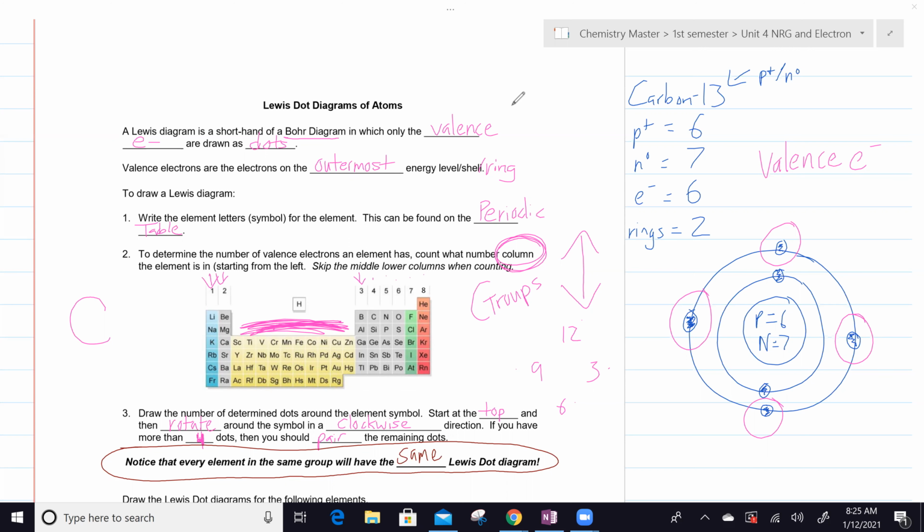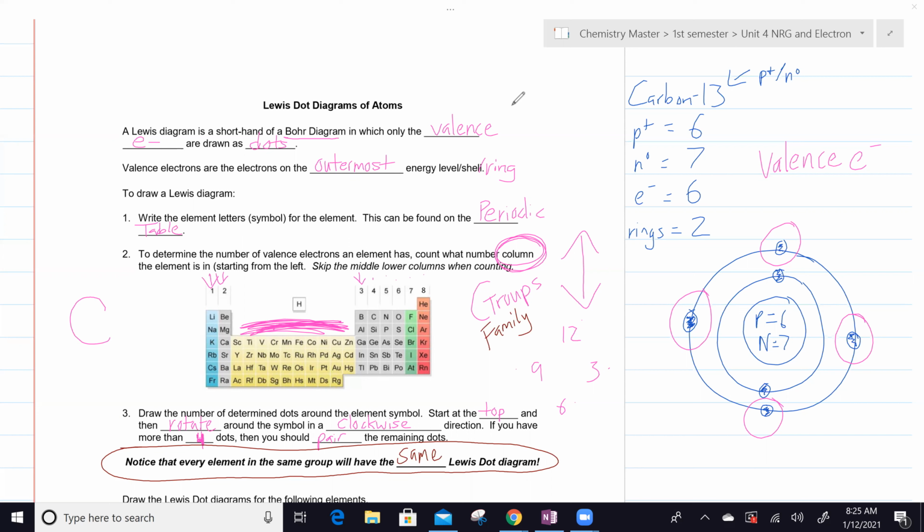All right, so I want you to find carbon, and somebody tell me, based off of what column or group or family that is in, how many dots should it have? Somebody online tell me, because these guys in here are answering. They know all the answers. They're smart. So somebody online, find carbon.